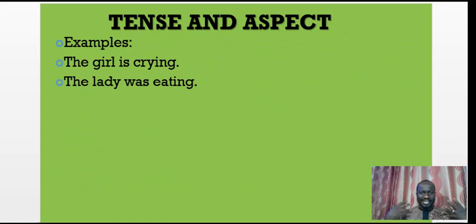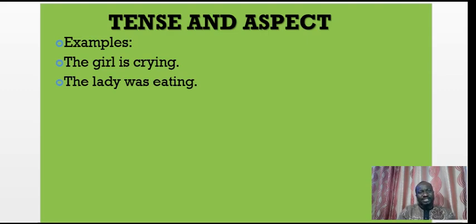We have: the girl is crying. Here, we have the tense and we also have the aspect of the verb in that. The girl is the subject. Here, is shows us the form of tense.